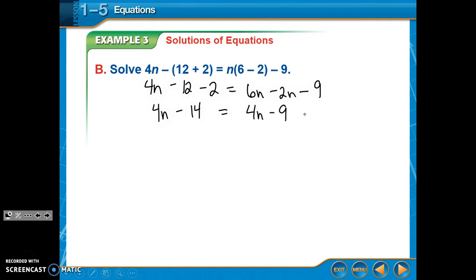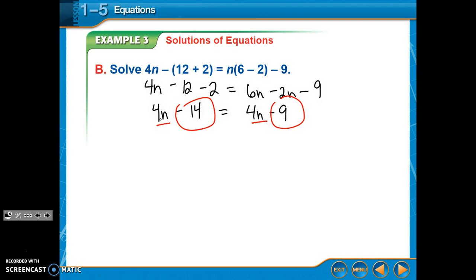Because 4n and 4n are the same, in order for these two sides to be equal, the constants would also have to be the same. If this is 4n and this is 4n, how could they be equal if this number is different?